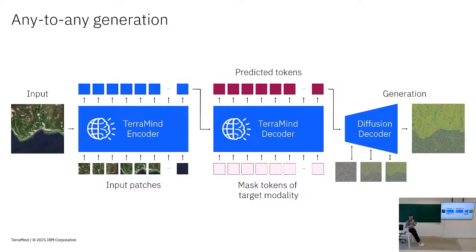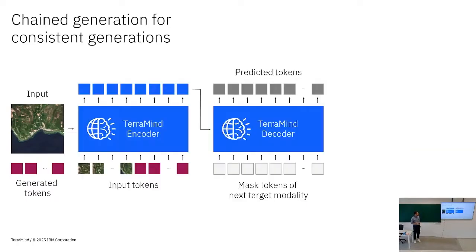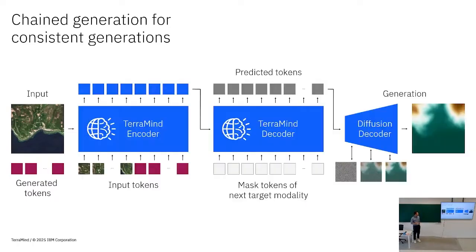We can reconstruct one modality from the other based on no information for that modality that we actually want to generate, right? In the past, if you would have done MAE pre-training, like masked auto-encoding, you would always need a little bit of information from your image. And by doing those cross-modal generations, we can mitigate that. We can also chain that, which is something that I found kind of cool.